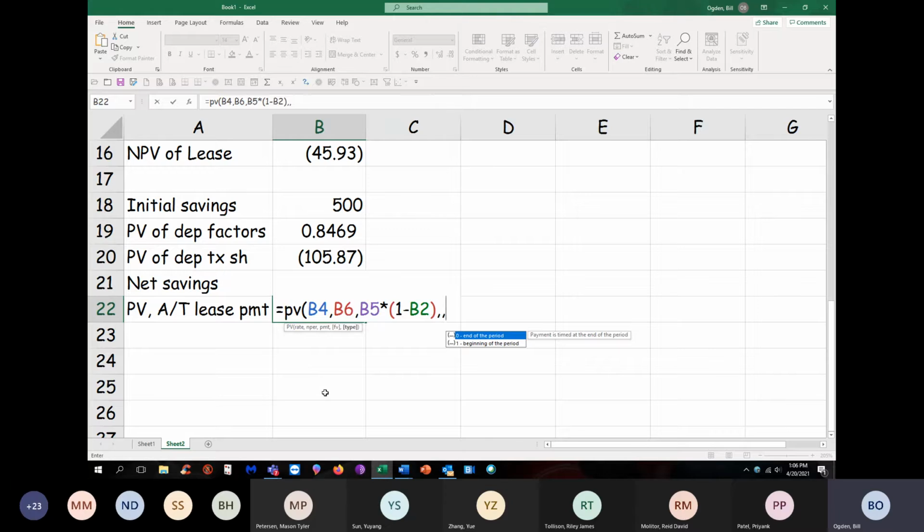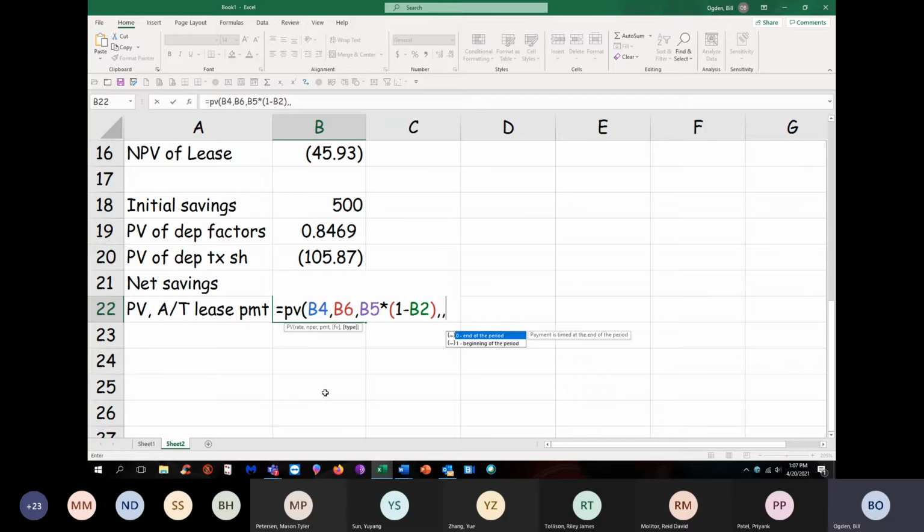All right, the next one is very important to include. The last argument is the type, and the type would be either at the beginning of the period or the end of the period. The default on this is 0, and the default being 0 indicates that this is an end of the period annuity.